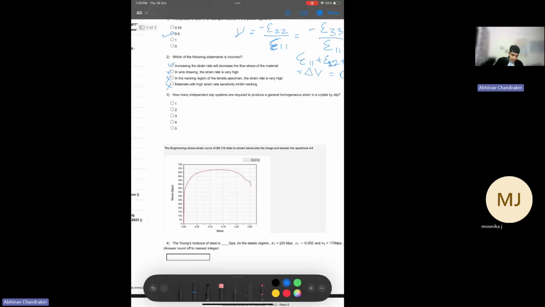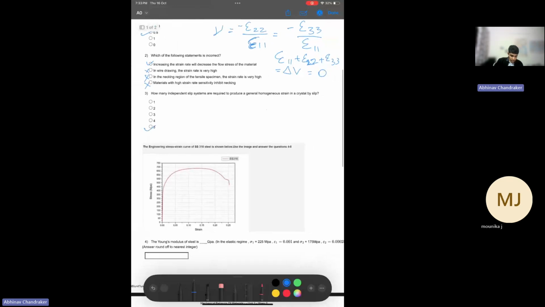How many independent slip systems are required to produce a general homogeneous strain in a crystal by slip? The correct answer, as the professor has taught, is 5. He has also given a proof for it, I think, and this has to do with the strain tensor.